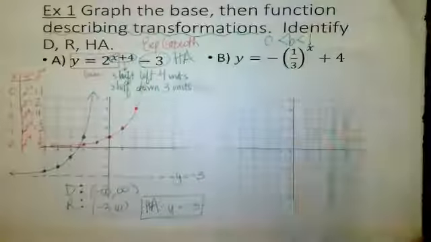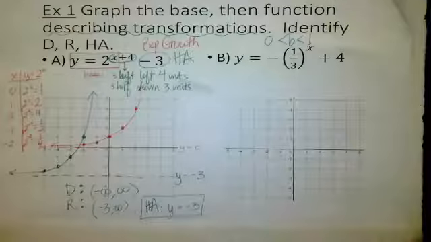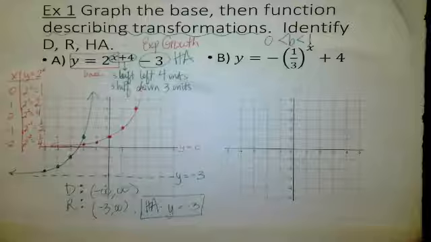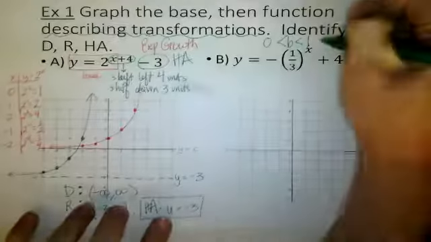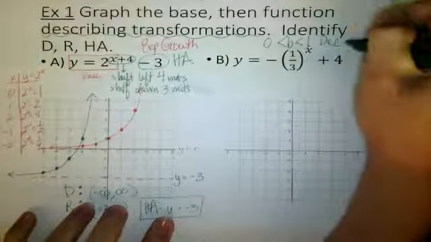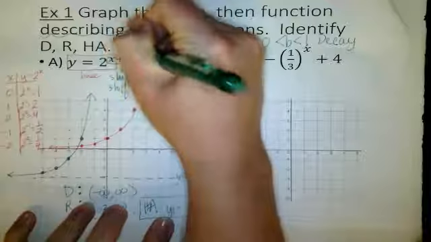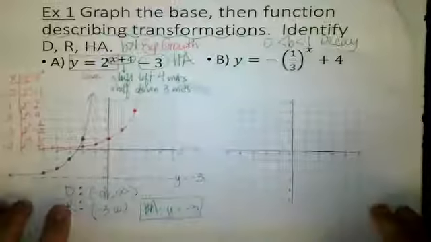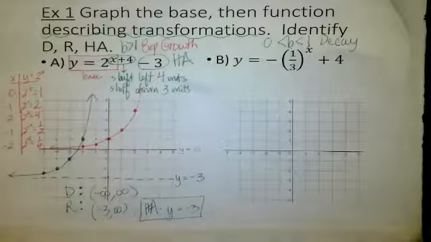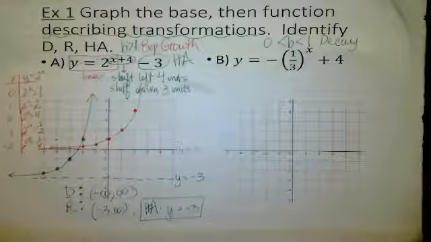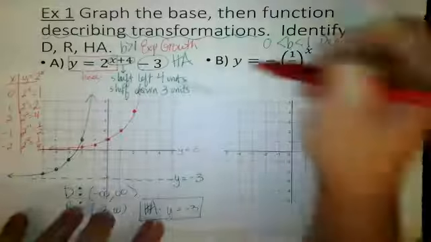Remember, B had to be greater than 0 by definition. So the values between 0 and 1 mean that it's a decay function. And if the B value is greater than 1, that's going to give us exponential growth. All right, so this is an exponential decay function.